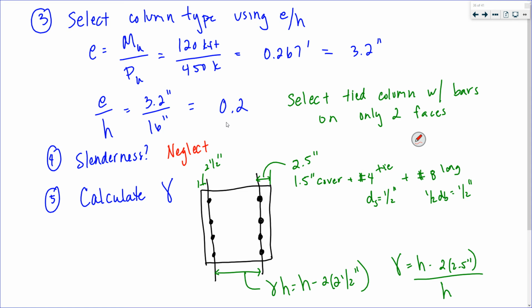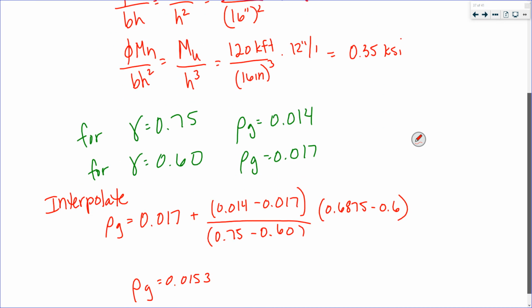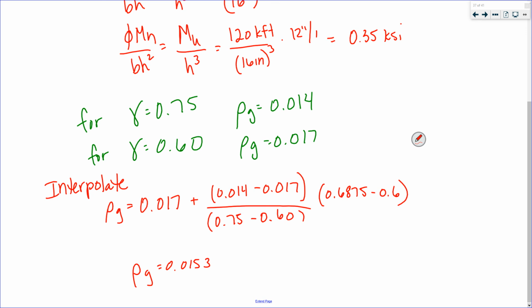Calculated my gamma, assuming 1.5 inch cover, number 4 ties, number 8 longitudinal bars. And then used 2 interaction diagrams to interpolate to find an actual reinforcement ratio, which is very close to the one that I guessed.